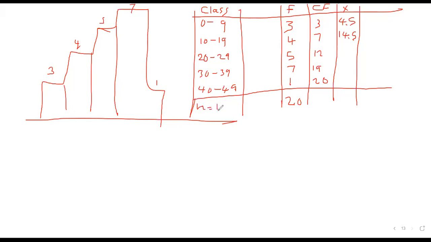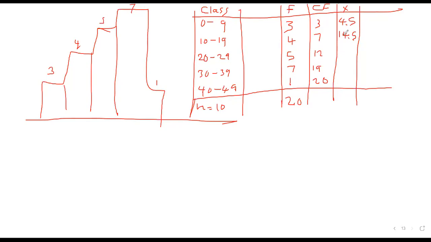Sorry, how did you get the cumulative frequency? Okay. We bring the first one. 3 here is 3. Then 3 plus 4, 7. 7 plus 5, 12. 12 plus 7, 19. 19 plus 1, 20. And the height, you just find the difference between each one of these: 10, 10, 10. And here you just find the first one: 0 plus 9, 4.5.